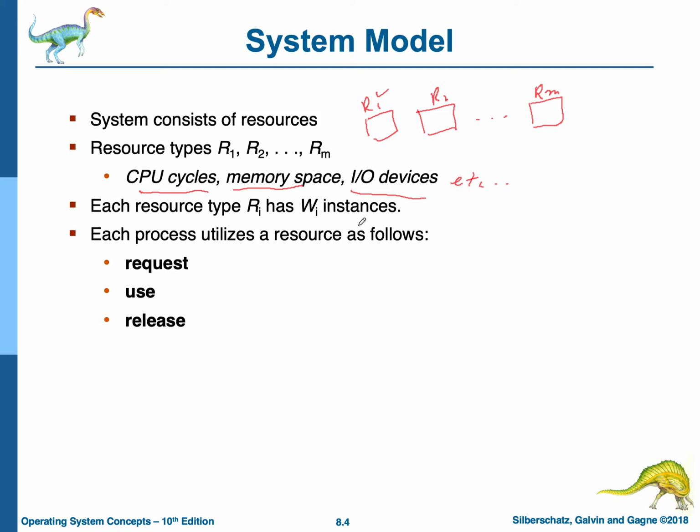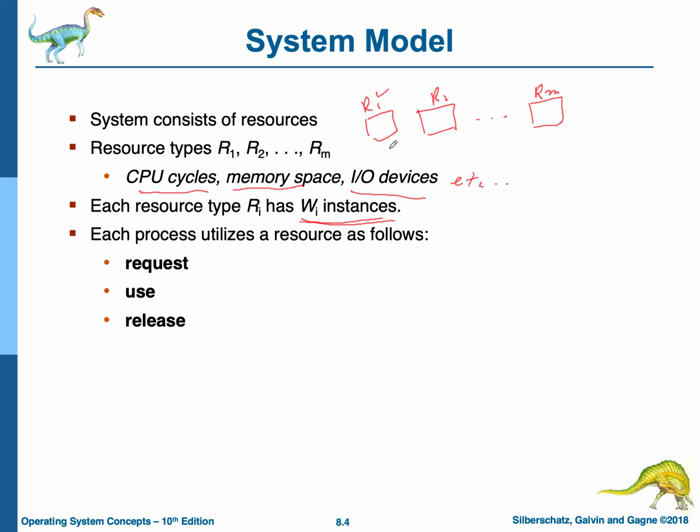Now each resource has some associated instances. For example, if we are accessing the memory, then there might be multiple instances of the memory. If we are accessing the CPU cycle, then there might be multiple instances of the CPU cycle. And if we are accessing any of the IO devices, then there might be multiple instances of IO devices.